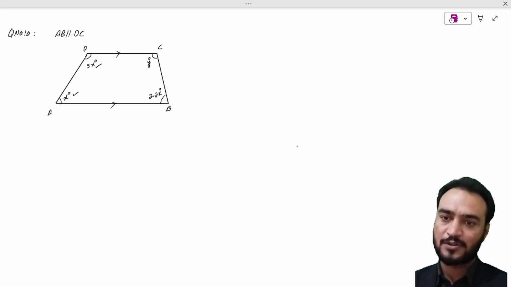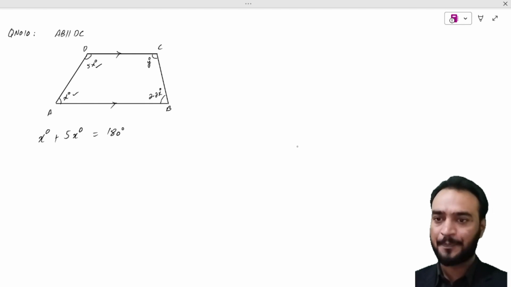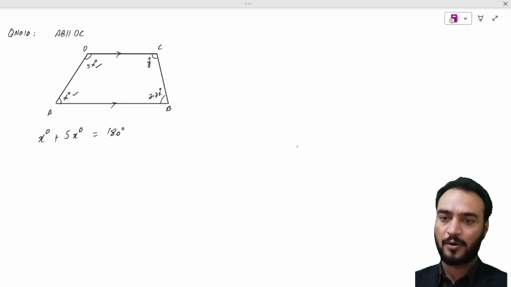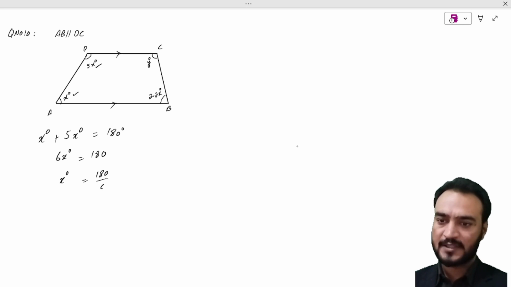So the sum of these two interior angles, that is x degrees plus 5x degrees, is equal to 180 degrees, because the sum of two interior angles between two parallel lines is equal to 180 degrees. Now their sum is 6x degrees equal to 180 degrees. Dividing by 6 on the right side, we get 180 over 6, and after simplifying, we get the value of x, which is equal to 30 degrees.